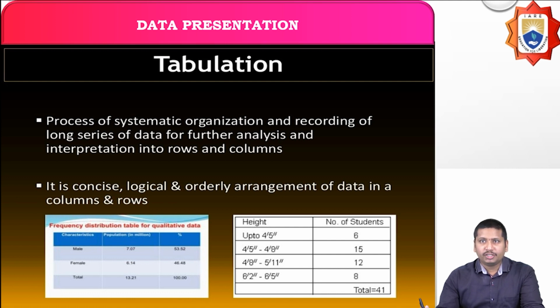And tabulation, so tabulation means the process of systematic arrangement and recording of long series of data for further analysis and interpretation into two or more columns. So that should be tabulation.